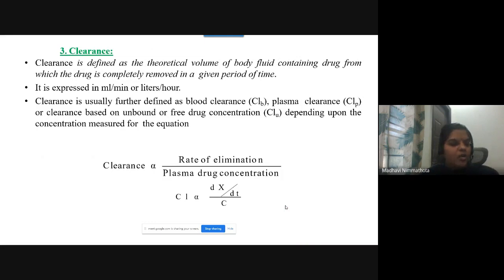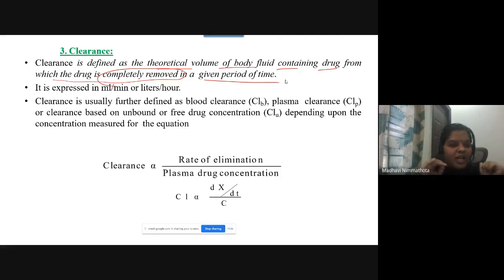So how will you find this clearance? Clearance is one of the important parameters. It is defined as the theoretical volume of the body fluid containing drug from which the drug is completely removed in a given period of time. It is expressed in ml per minute or liter per hour.